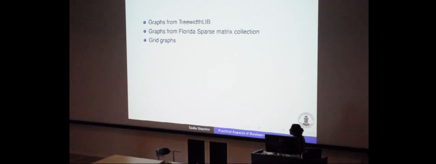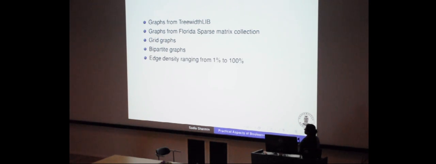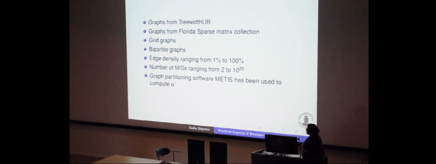We use grid graphs because they were hard to separate, and bipartite graphs. And the density was ranging from 1% to 100%, and the number of maximal independent sets ranging from 2 to 10 to the 20. And for the graph partitioning method, this was the one that we used to generate the nested dissection ordering.